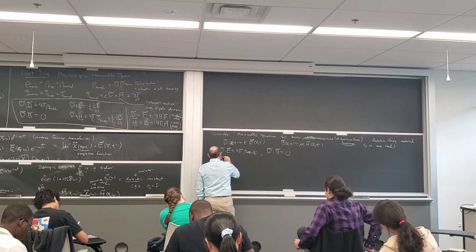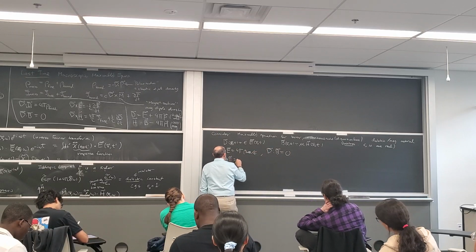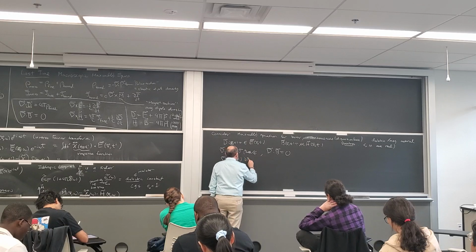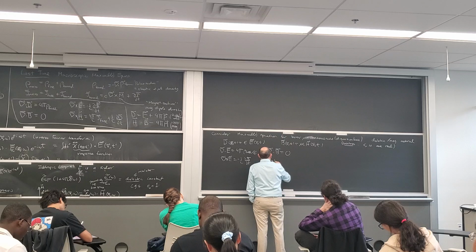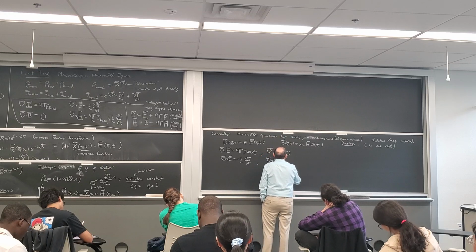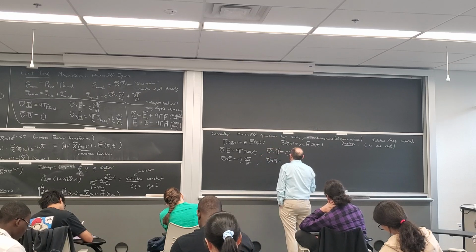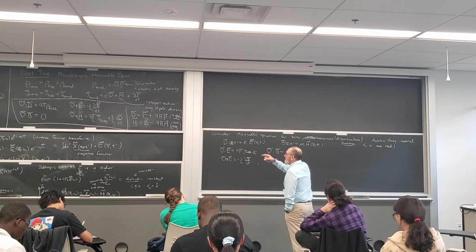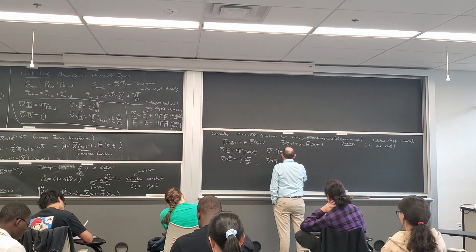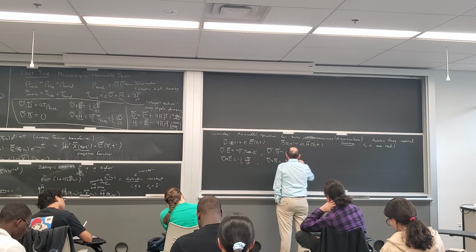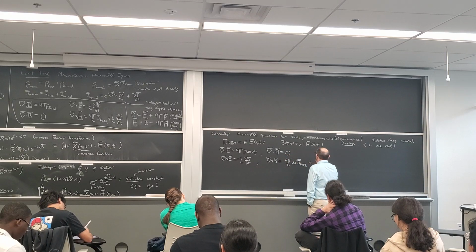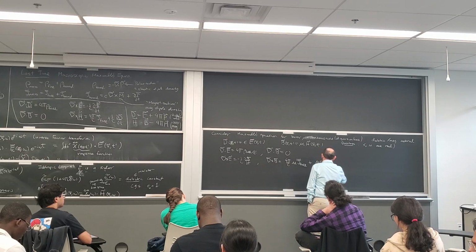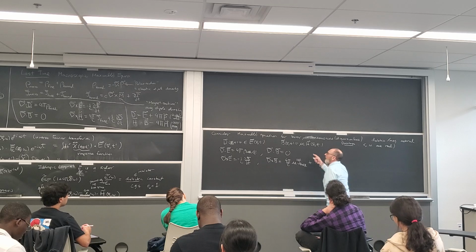Del cross E is equal to minus 1 over c dB/dt. And del cross B is equal to 4 pi over c mu times J free plus mu epsilon over c dE/dt.